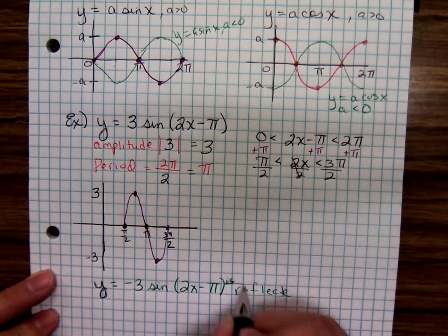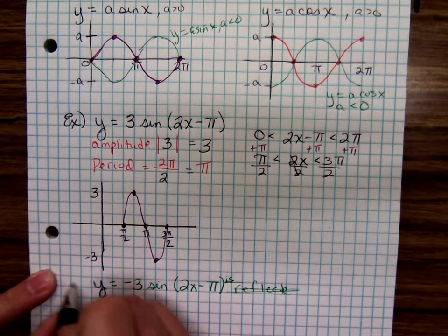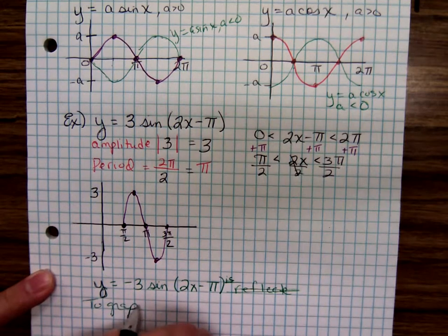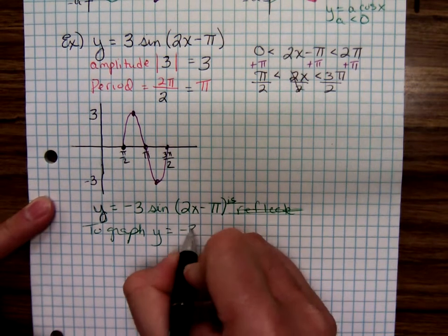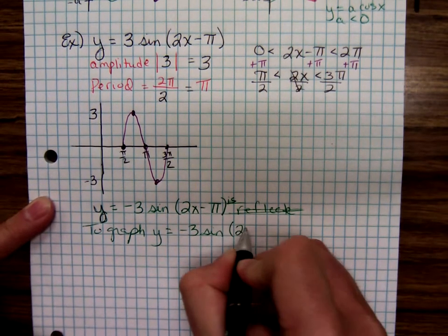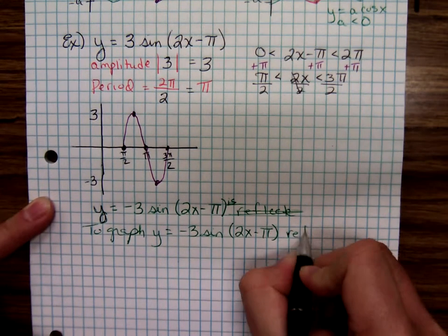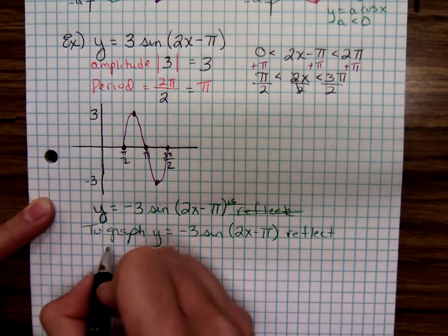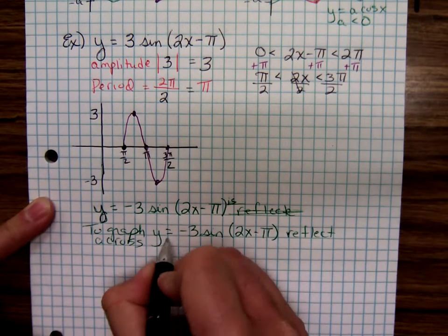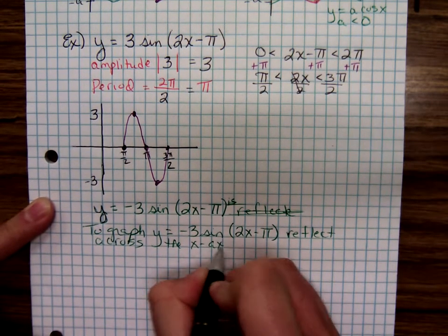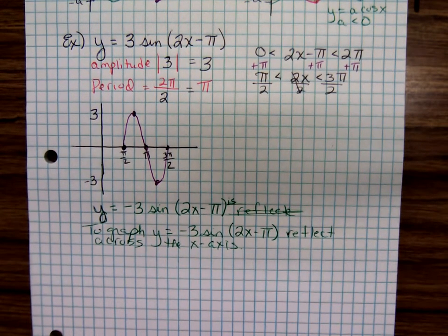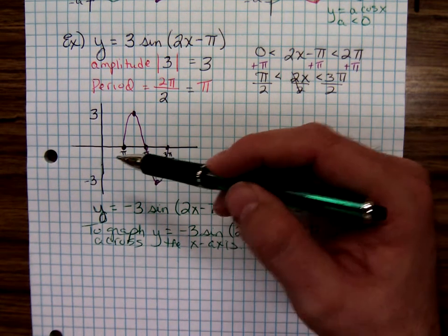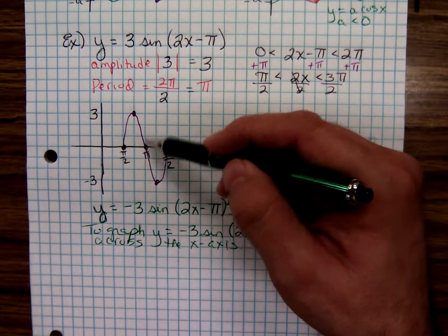To graph y equals negative 3 sine 2x minus pi, you're going to reflect or flip across the x-axis. So if you can graph y equals positive 3 sine 2x minus pi, you can sure graph y equals negative 3 sine 2x minus pi. Once you've done this one, just flip across the x-axis.